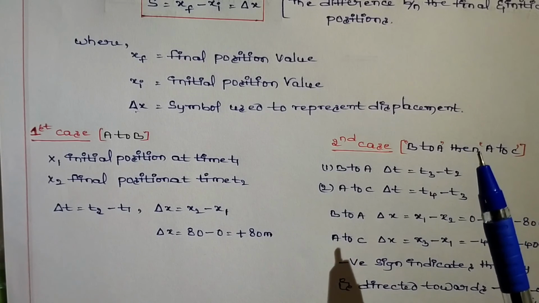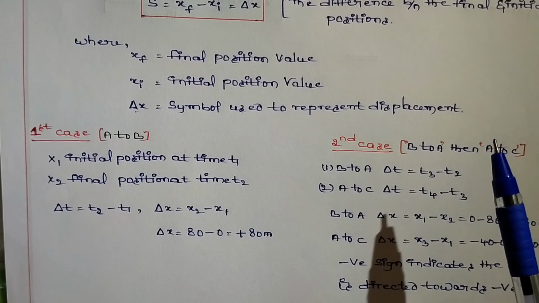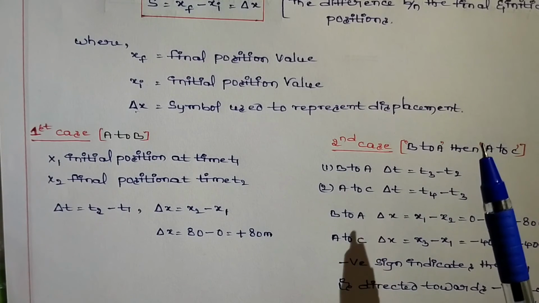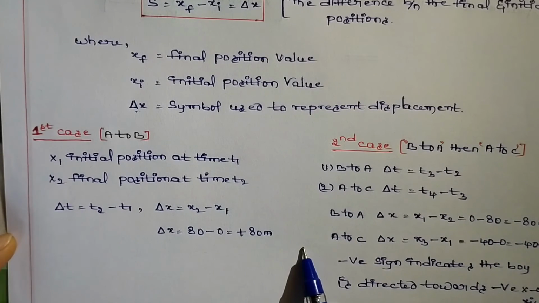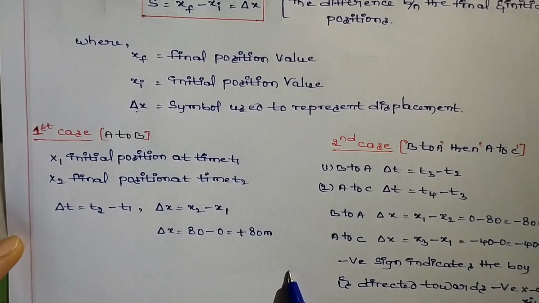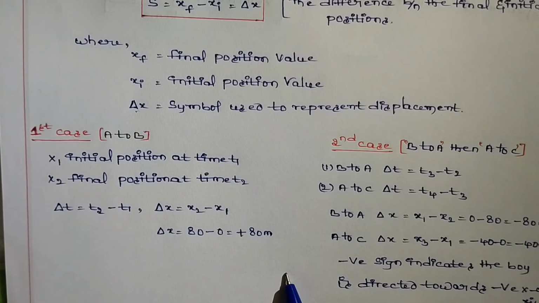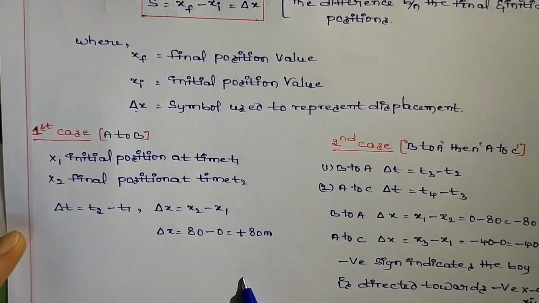If we are dealing with motion along a straight line, that is one-dimensional motion, an object has two directions. That is the forward direction and backward direction in horizontal motion.